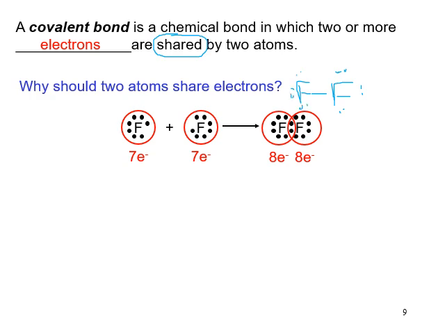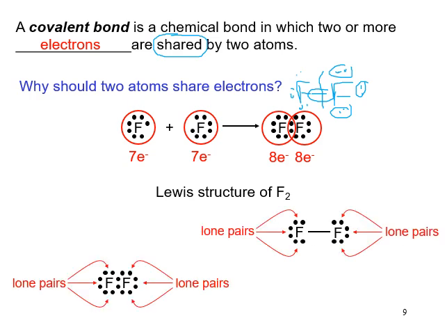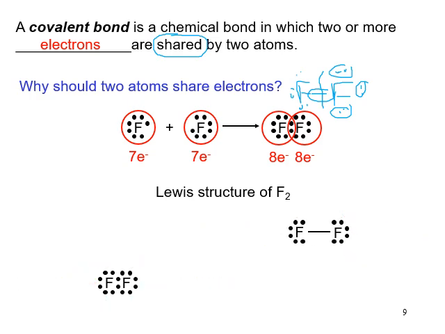If we count, we have 2, 4, 6, 8. Even though each really only has half of those, by sharing it thinks it has both of them. So that makes it a stable molecule. And there's the Lewis structure like I was just trying to draw, showing the lone pairs. So that's a single covalent bond as indicated by that one.